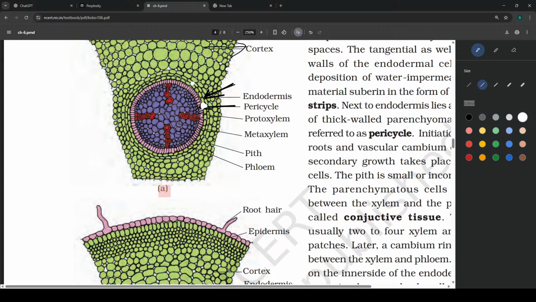and these ones are the protoxylem, protoxylem here. Pith is here, and phloem is here.